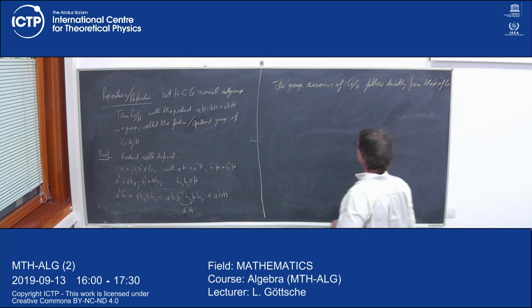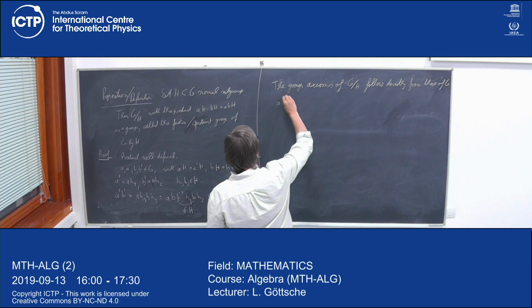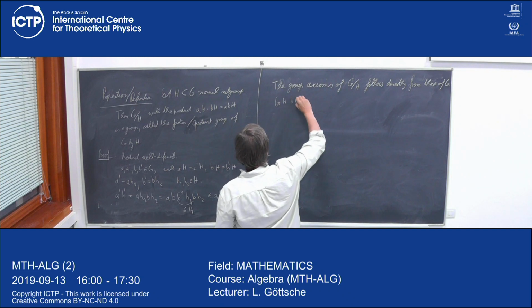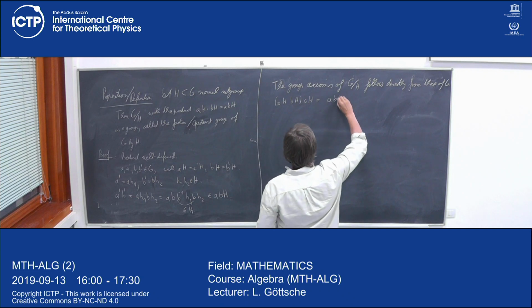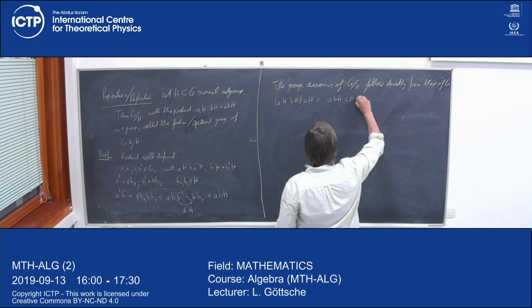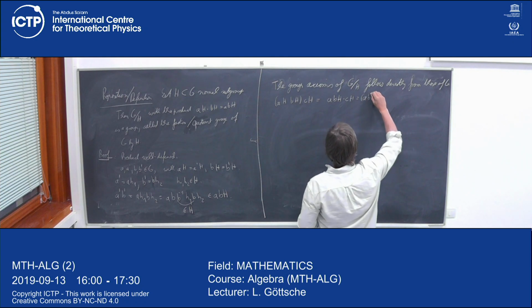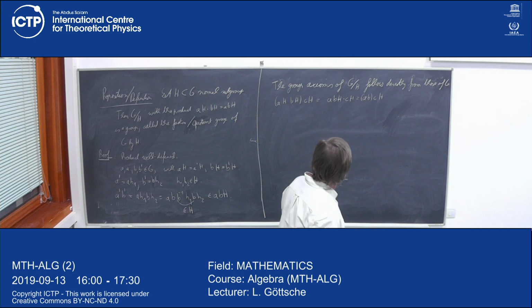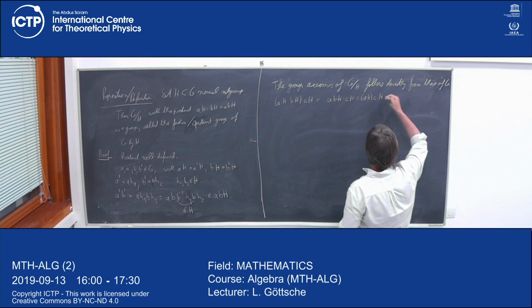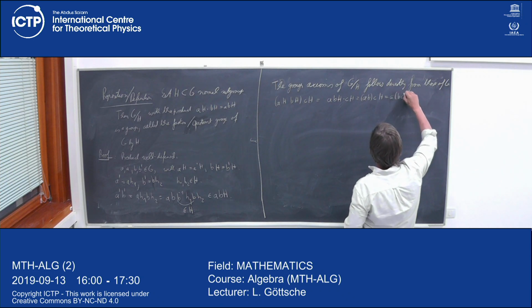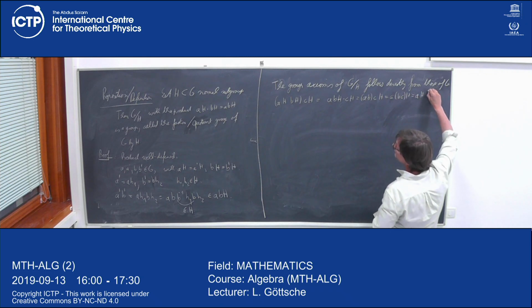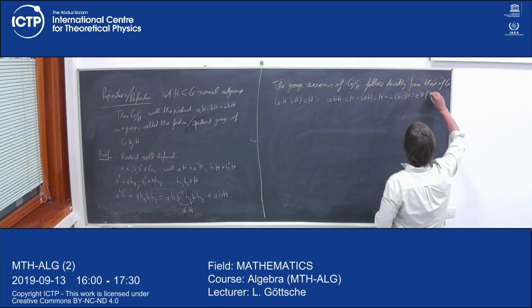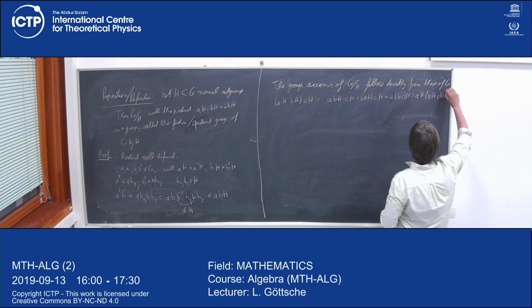namely, for instance for the associativity, if I take aH times bH times cH, this is equal to abH times cH, this is equal to abcH, and then you can move the other around. Now use here the associativity, so this is a times bc H, and then obviously you can go back and get aH times bcH.